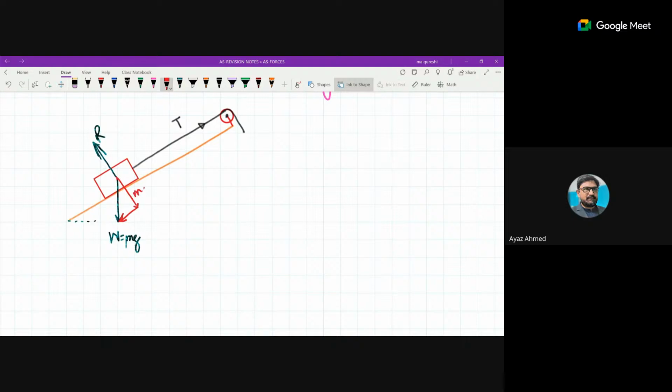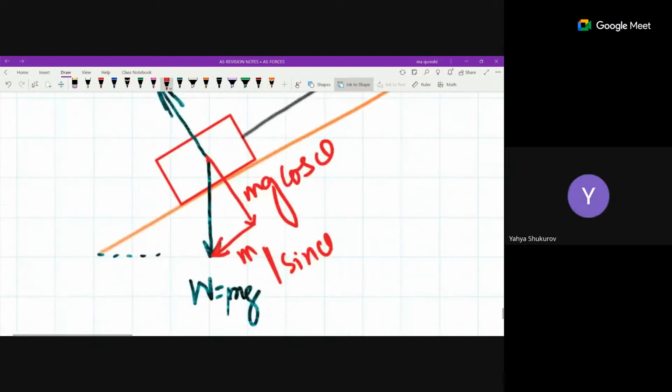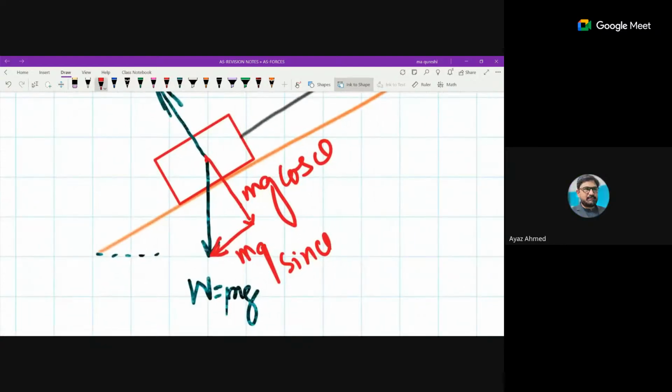This is mg cos theta, and this one is mg sine theta. Okay, you got it? Yes. Okay, this is mg sine theta. So if I change its color, this blue one is your mg sine theta.